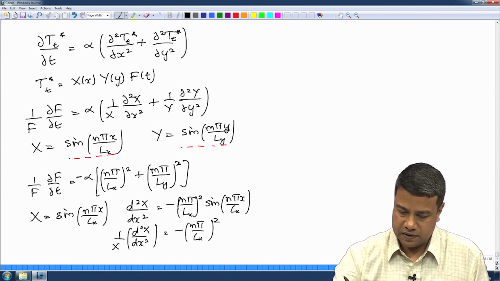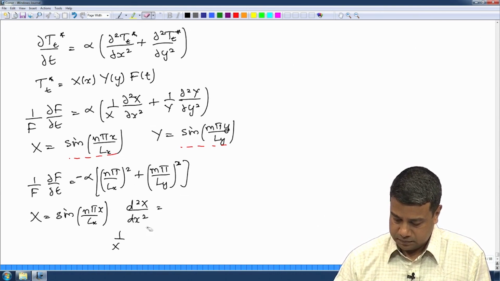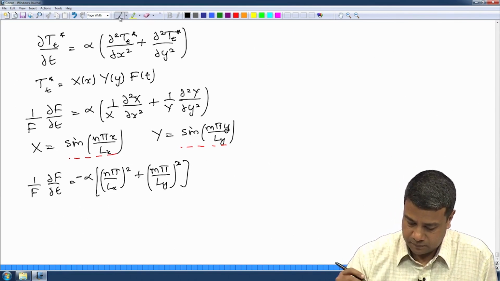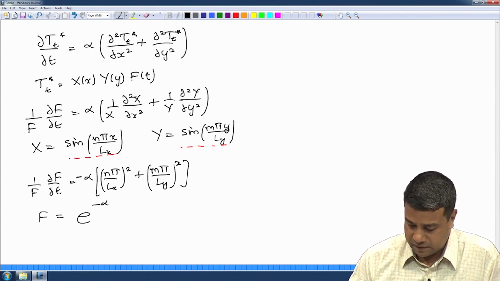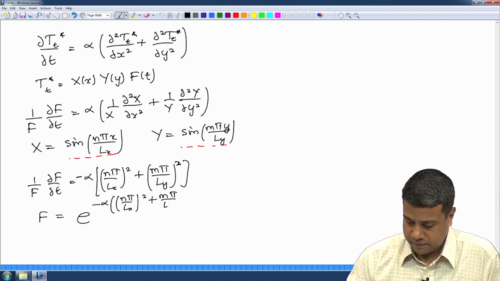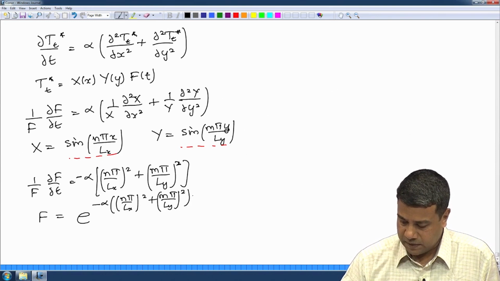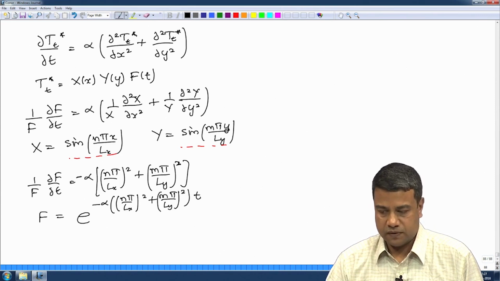This is a property of the sine function. And with that, I will get f is equal to e power minus alpha into the sum of those terms into t. So, that is going to be the solution for f.